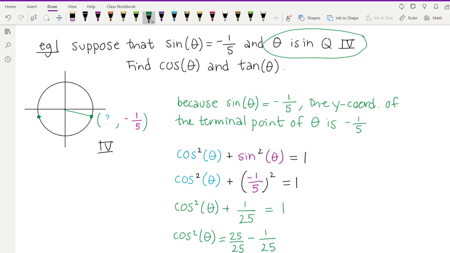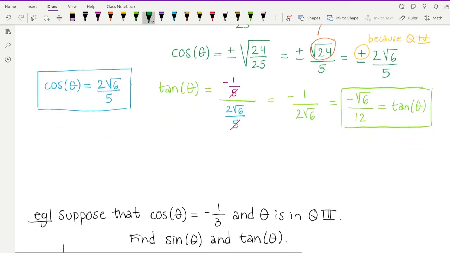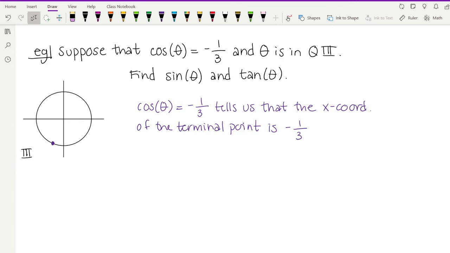If instead theta had been in quadrant 3, then the x-coordinate would have been -2√6/5. So the plus or minus isn't some other random number; it's just because it's not the right quadrant. The other answer you get when you do this would correspond to the other place that the angle could have been if you weren't given that quadrant information.